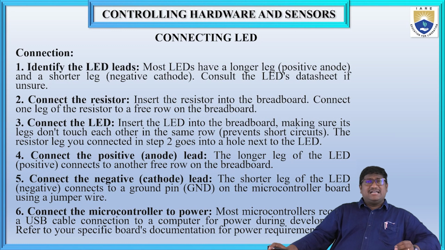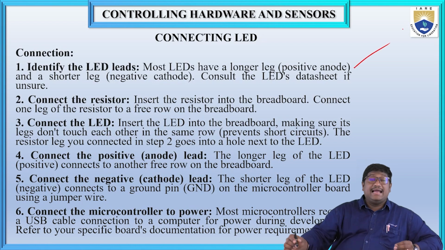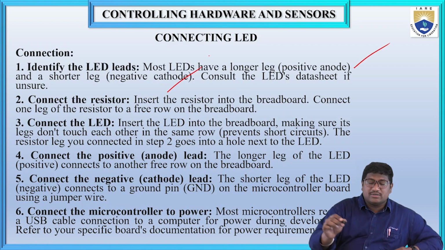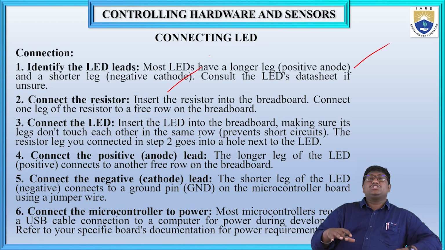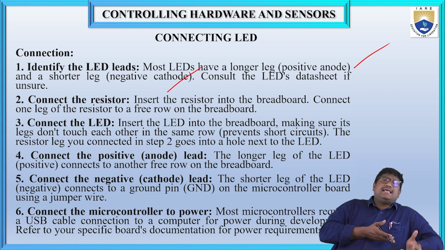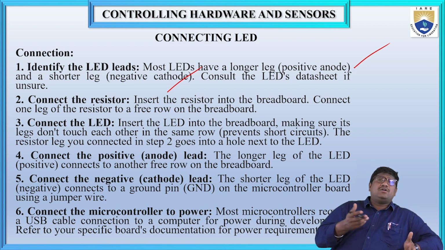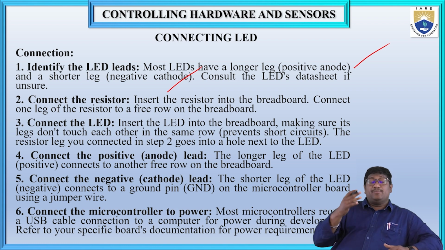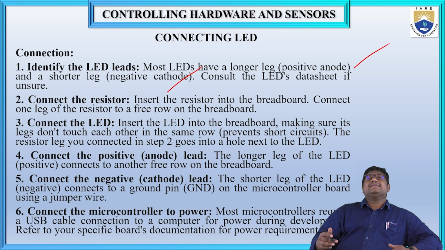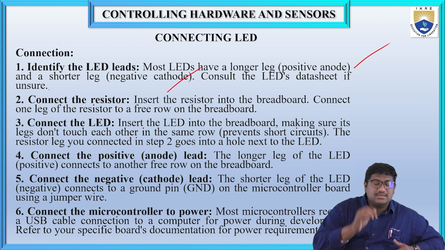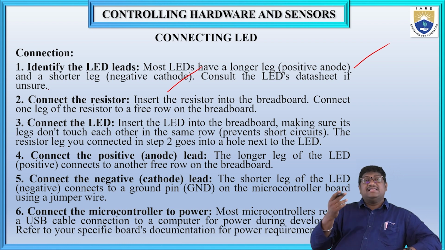First, you need to identify the LED's legs. An LED has a longer leg, which is the positive anode, and a shorter leg, which is the negative cathode. If unsure, consult the LED datasheet. This is how we identify the LED's terminals.